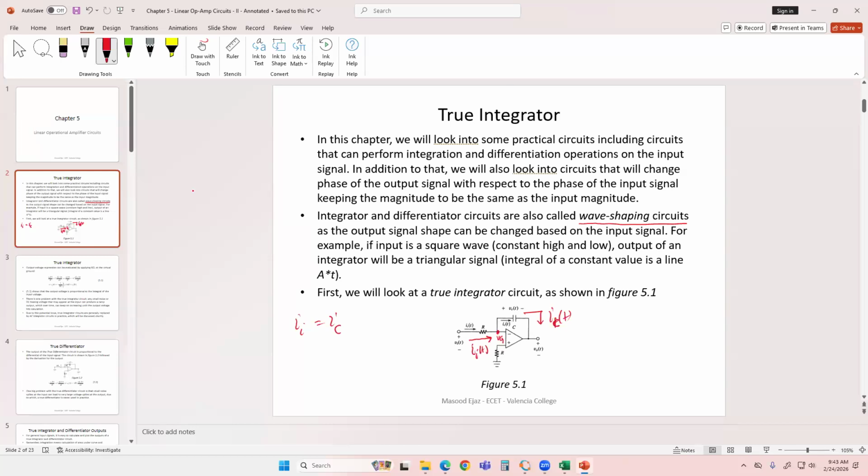What will be the equation for I input in terms of Ohm's law? Who's going to tell me? This is V input. Yes. Yeah, so V input T over R, V input minus 0, and then the capacitor current. What will be the expression for the capacitor current?